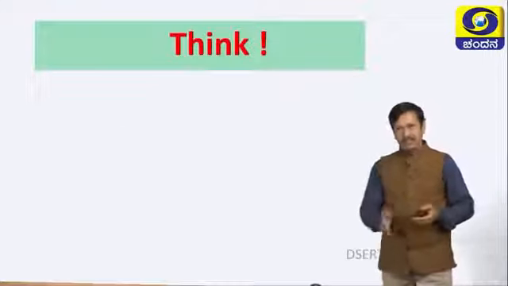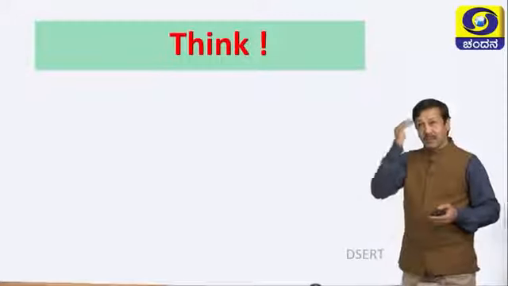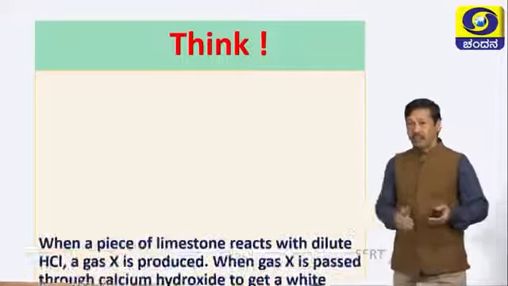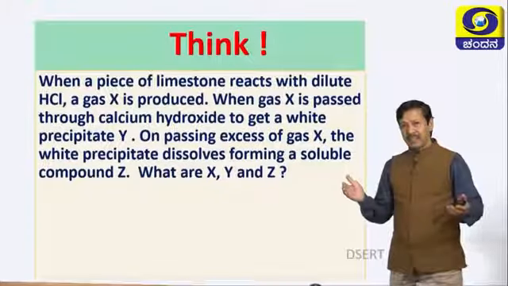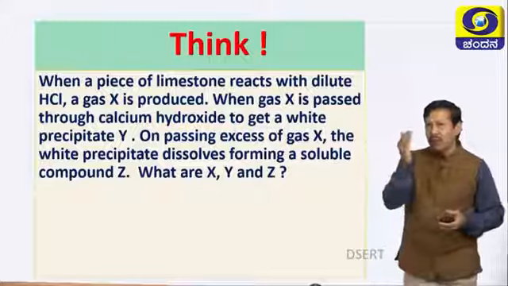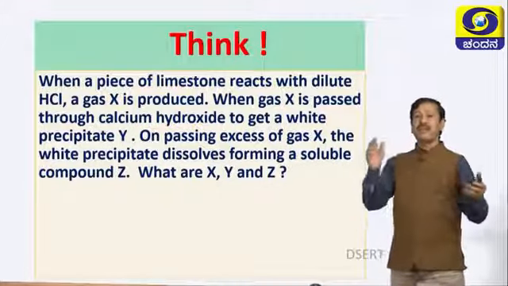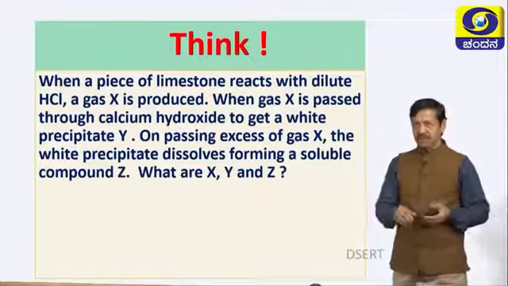Now think, a very important thought provoking question. These are called higher order thinking questions. Let us try to solve this one. When a piece of limestone reacts with dilute HCl, a gas X is produced.